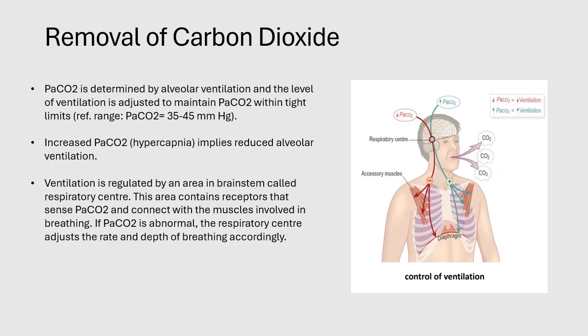Ventilation is regulated in our brain by an area called the respiratory center. This area contains receptors that sense PCO2 and respond to its changes. They connect with the muscles involved in breathing. If PCO2 is abnormal, the respiratory center adjusts the rate and depth of breathing accordingly in order to return it to the acceptable range.